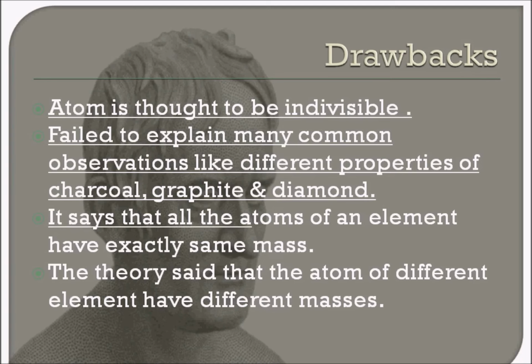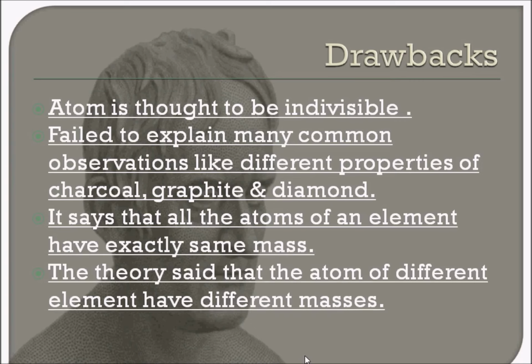As we know, they are all made up of carbon atoms, still the theory failed to explain their different properties. It also says that all the atoms of an element have exactly the same mass, but now we know that atoms of the same element can have slightly different masses. It also says that atoms of different elements have different masses, though we know that even atoms of different elements can have the same masses.